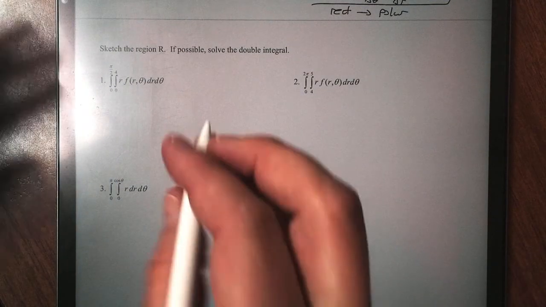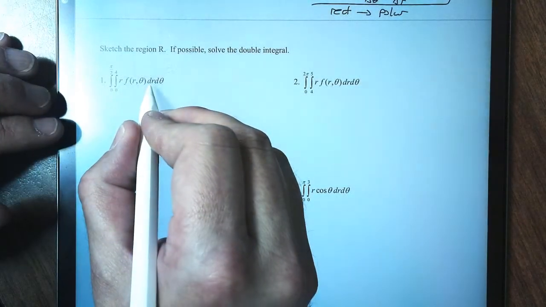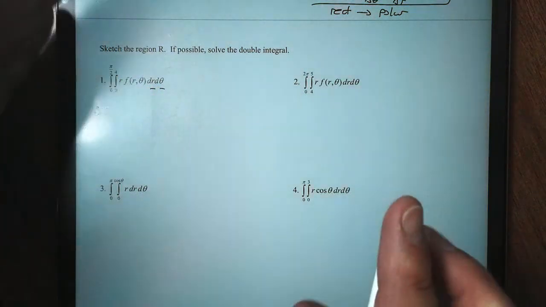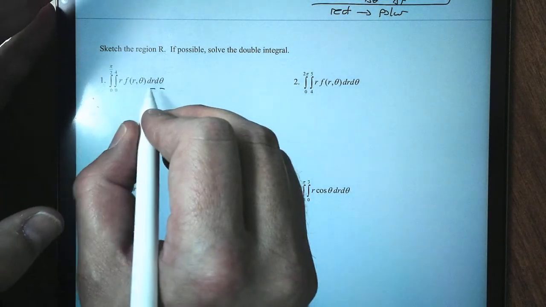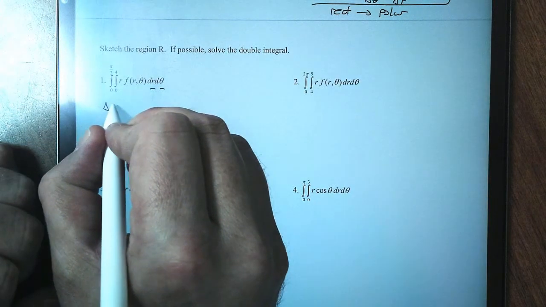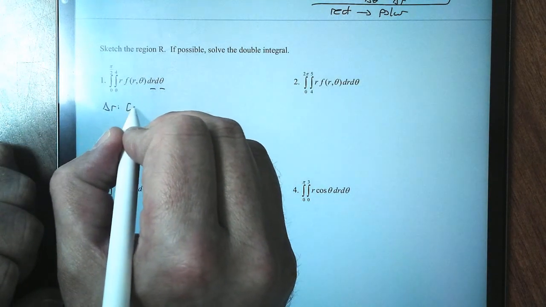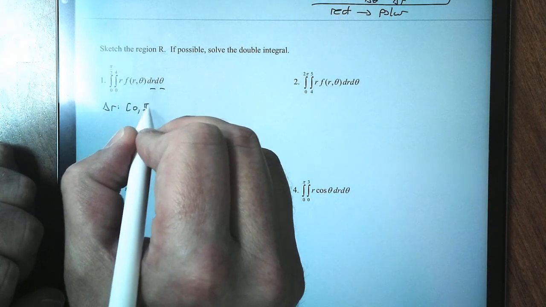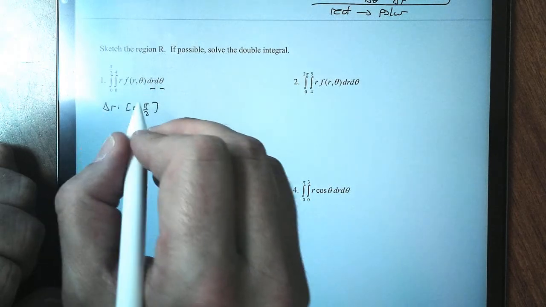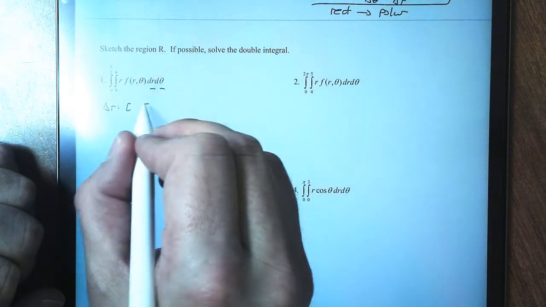For the first one, remember it's dr d theta right there. They're telling me that the change in radius is going to go from 0 to pi over 2, and that, oops, sorry, that's the change in theta.